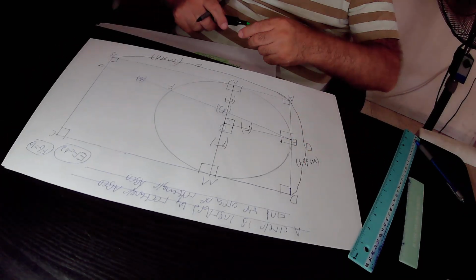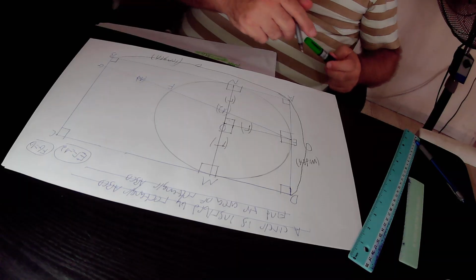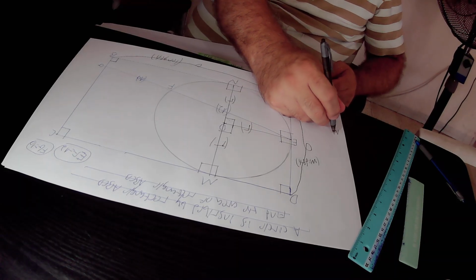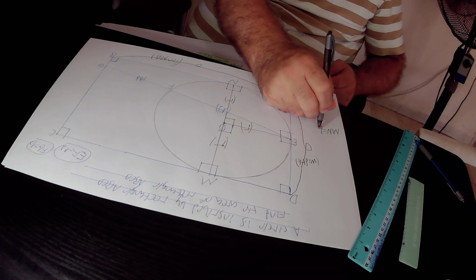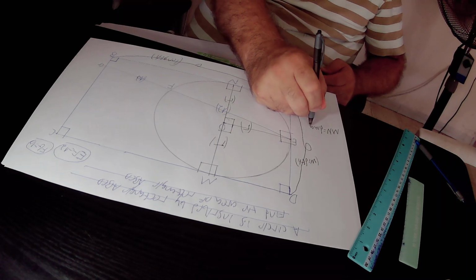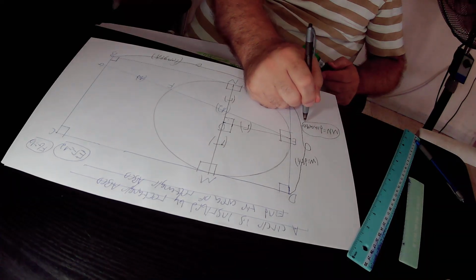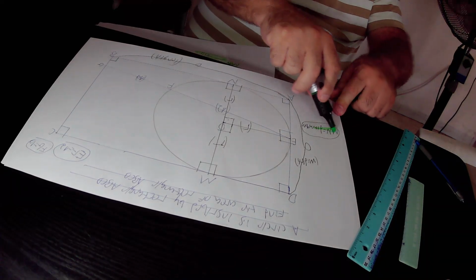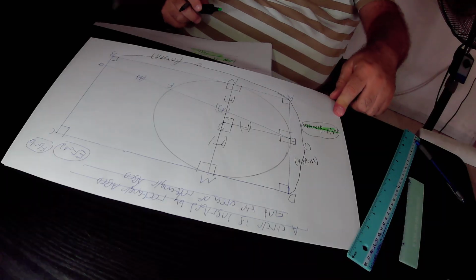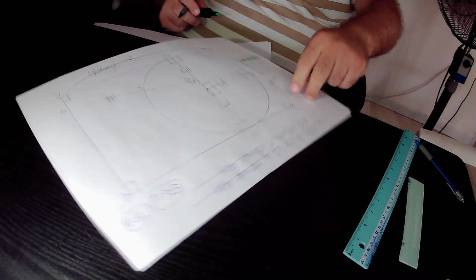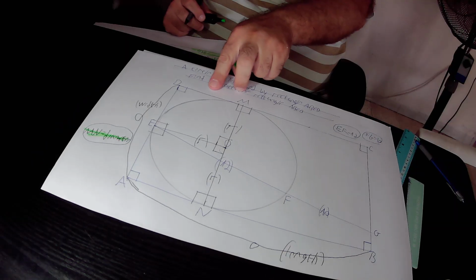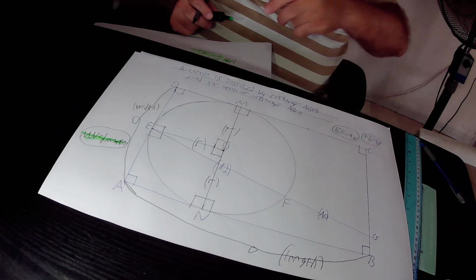So I write it down here, that MN is the diameter of the circle. So MN is the diameter of the circle, it is an absolute straight line.